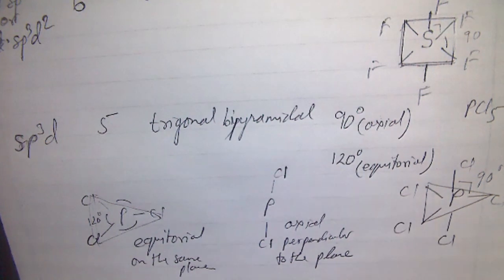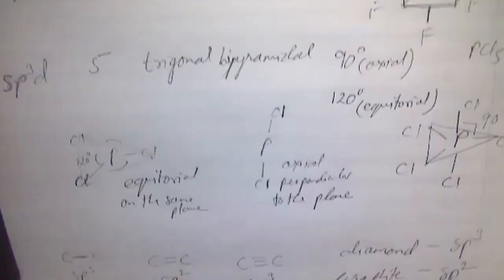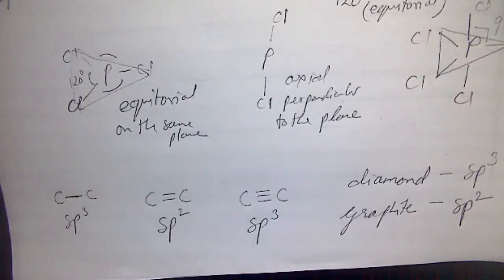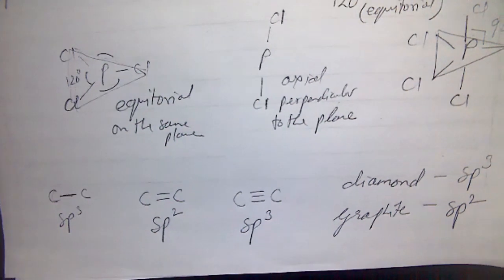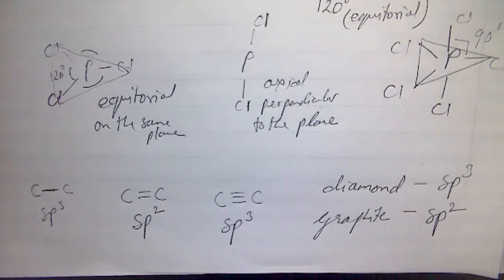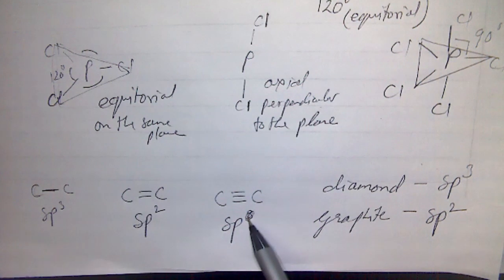And then finally, I told you, for your reference, whenever there is a double bond, single bond or triple bond, then you can easily state what type of hybridization they have. A single bond has sp3, double bond has sp2, triple bond has sp. Oh wait, here, this is only sp.